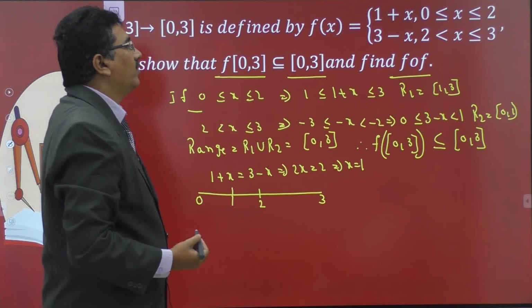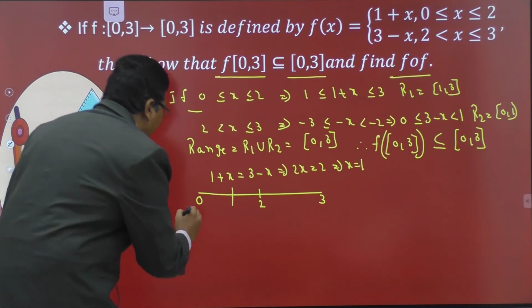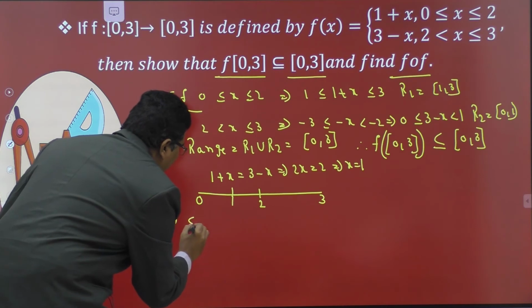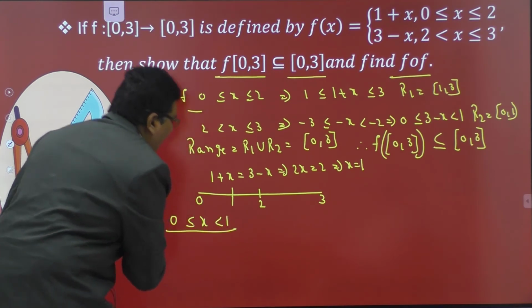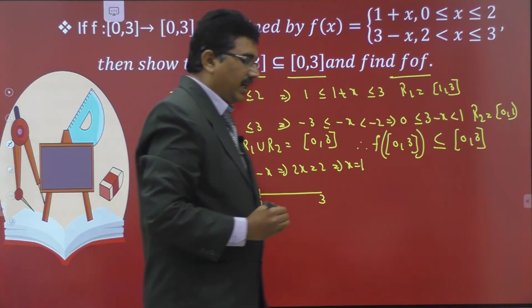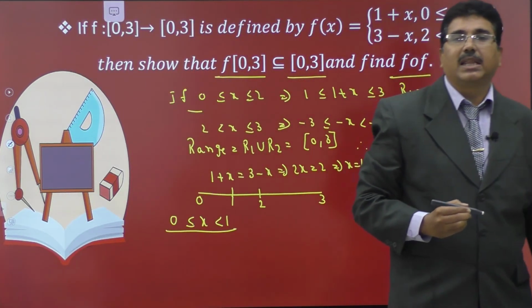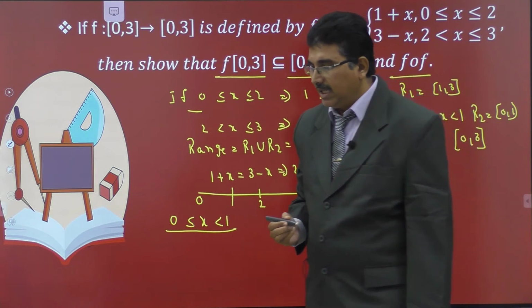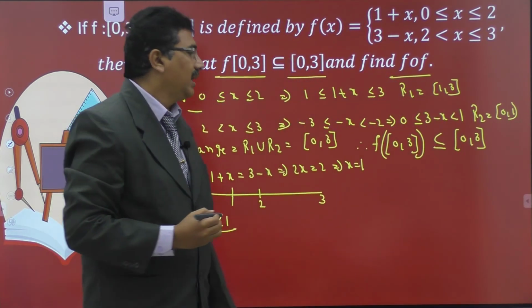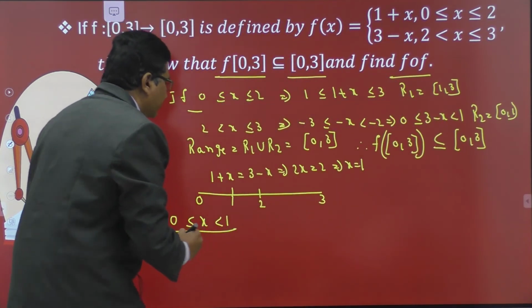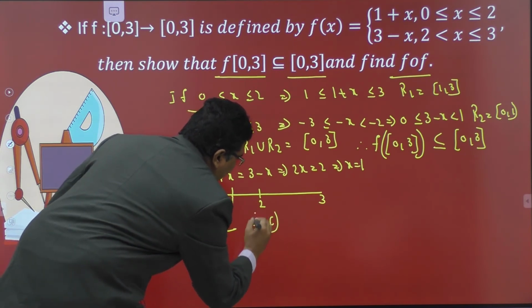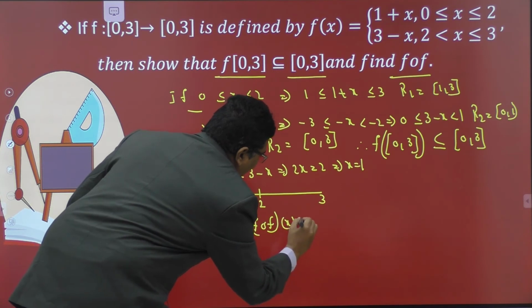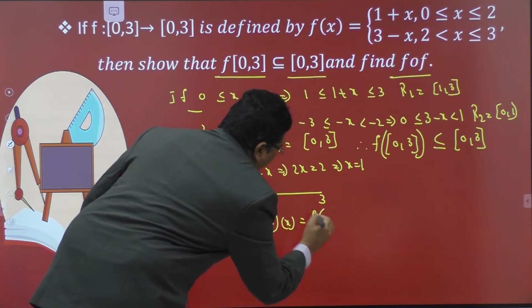Now 0 less than or equal to x less than 1. In this domain f circle f of x is equal to f of x.